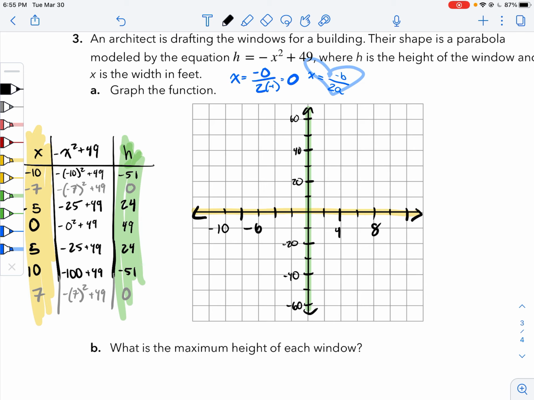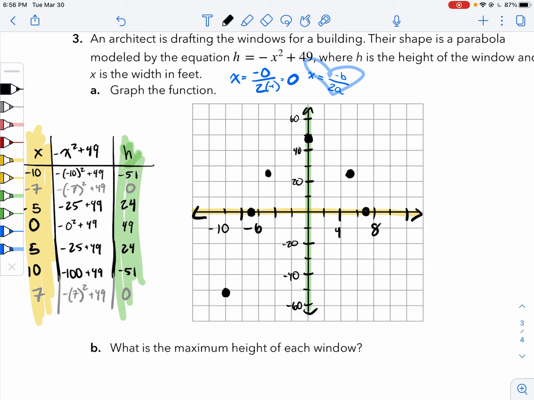Over negative 10, down 51. Over negative 7, up 0. Over negative 5, up 24. Over 0, up 49. Over 5, up 24.